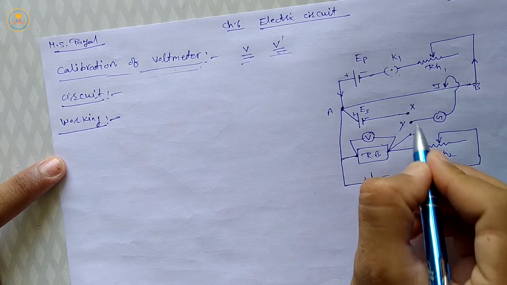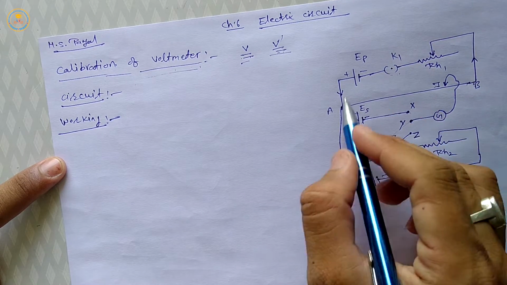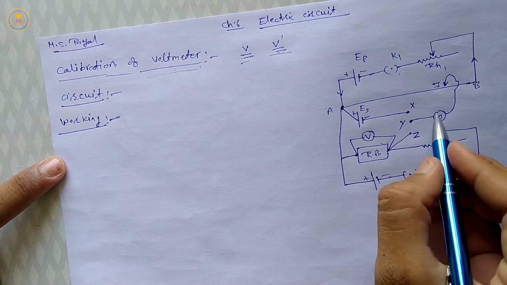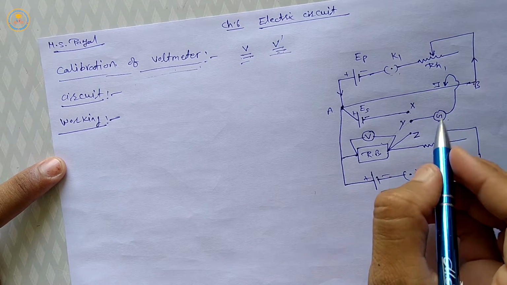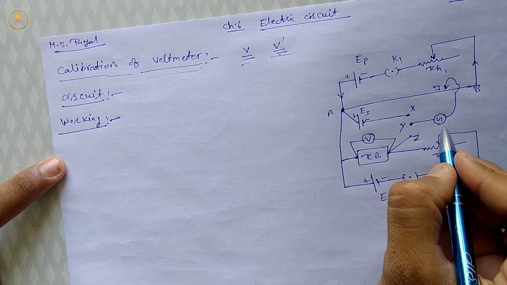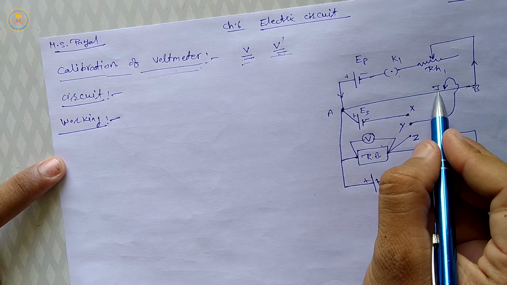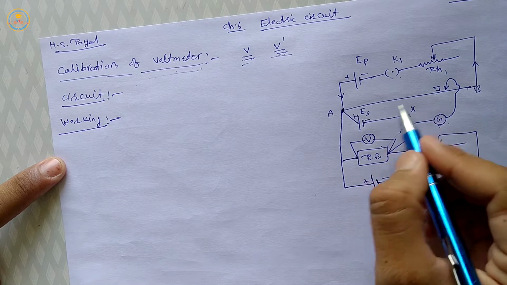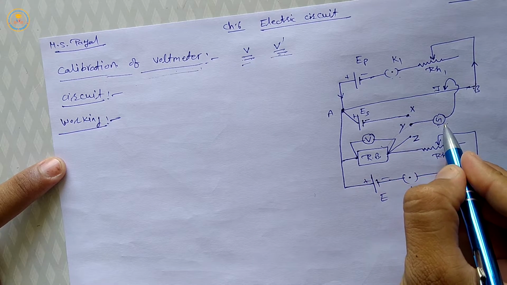Then in this situation, this standard cell is connected to potentiometer. In this condition, this galvanometer shows the deflection. Then on moving this jockey on the wire, we find zero deflection state in this galvanometer.